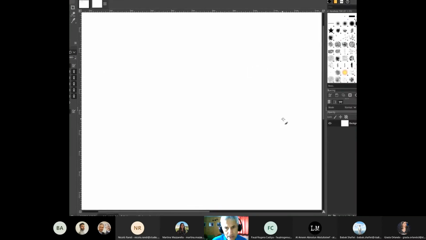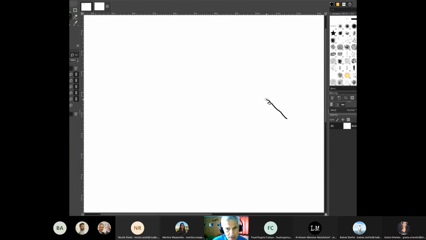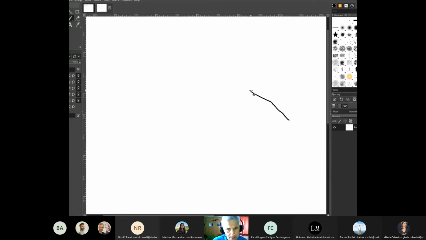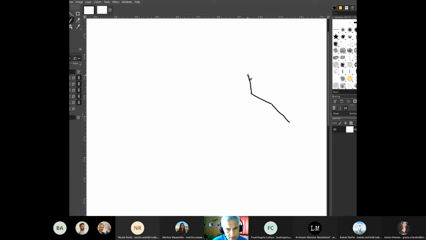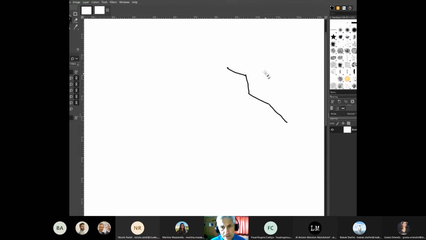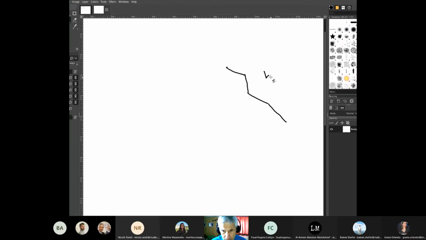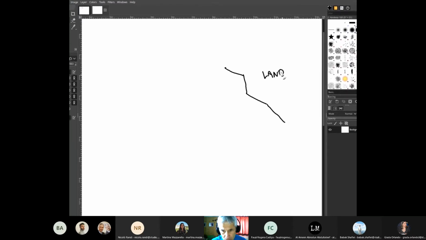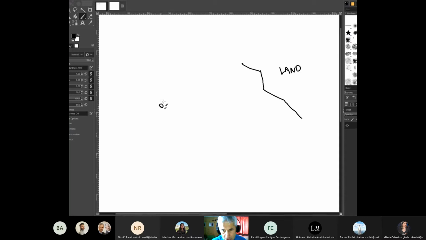So, the one line model. Let's suppose that you have a beach that is given by this shape. This is land and this is offshore.